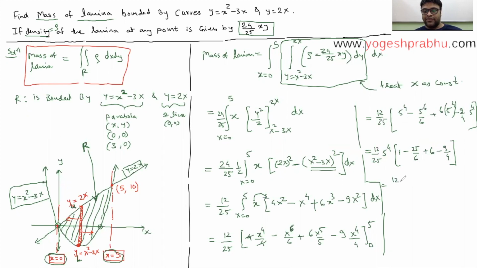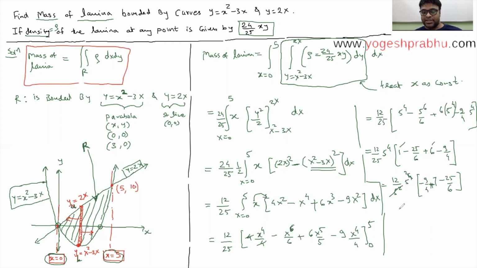So it is 12, this is 5 square, and 5 raised to 4. So 5 square will cancel out, and this will become 5 square over here. I hope you understood that. 1 plus 6 is 7. So minus 25 by 6. 1 plus 6 is 7. So it is plus 7 minus 9 by 4 plus 7.